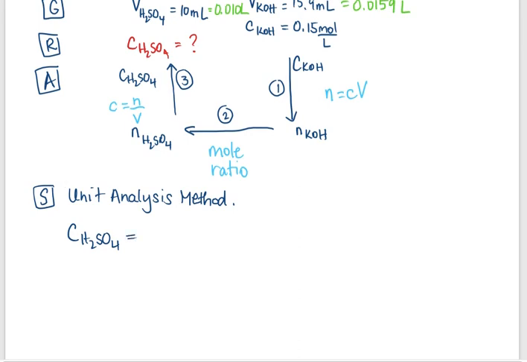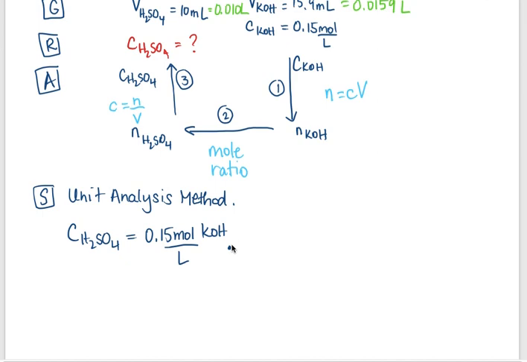We're going to start off with the concentration of potassium hydroxide here. We know it's 0.15 mole per liter. Okay, so that's potassium hydroxide, and then we are going to use our volume in order to get it to the amount.